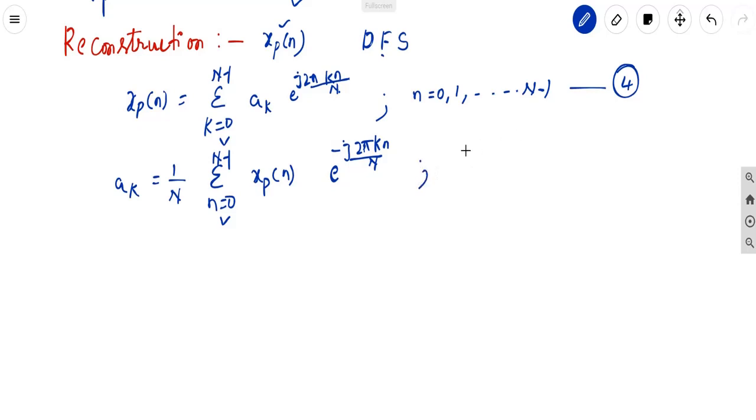Now we are going to define k. So k will be equal to 0, 1, ..., N minus 1. This equation we will take as equation number 5.